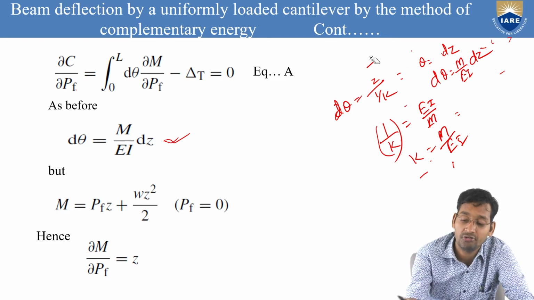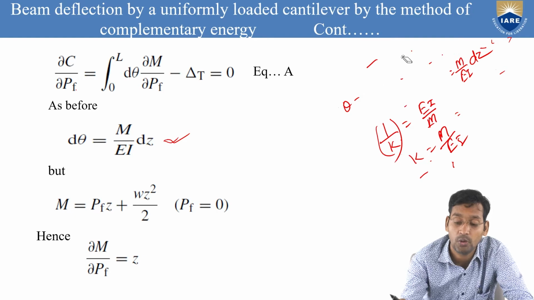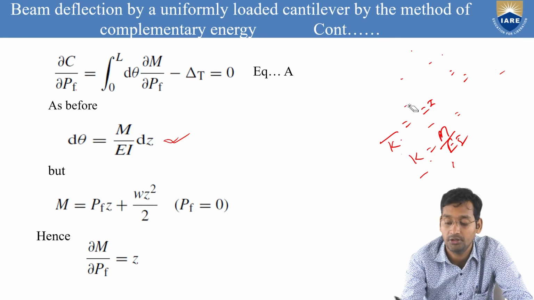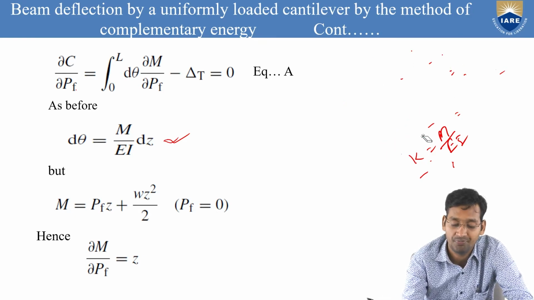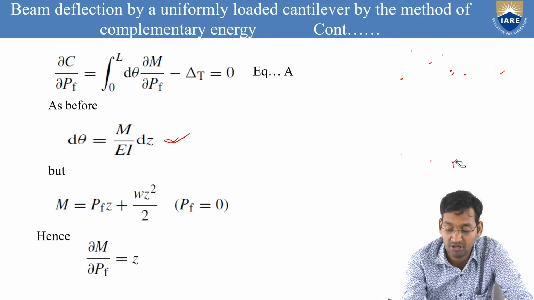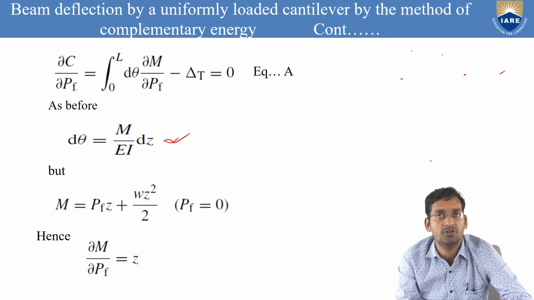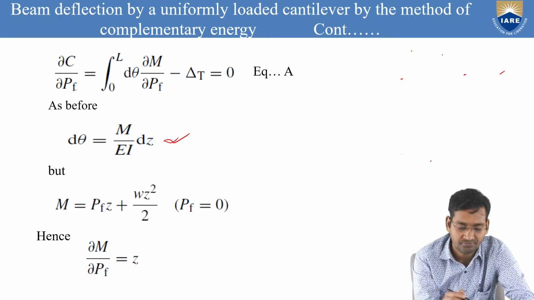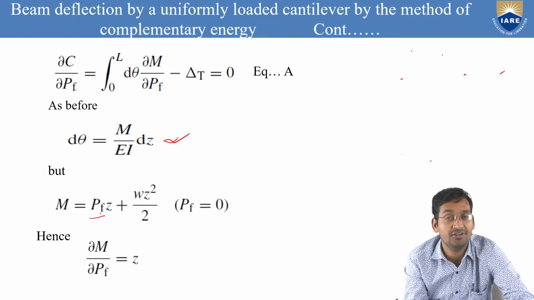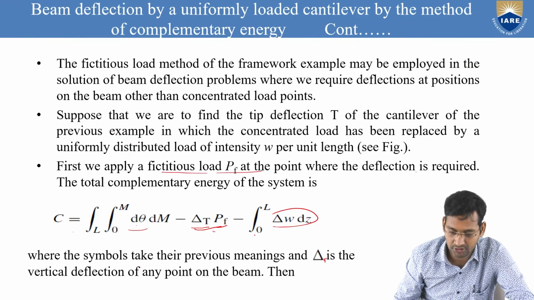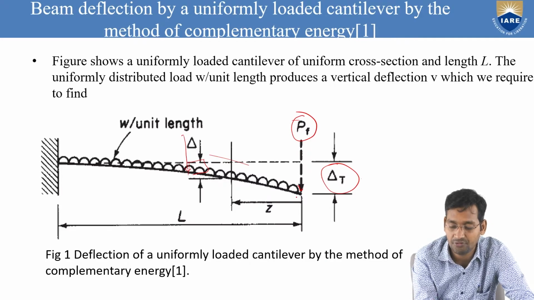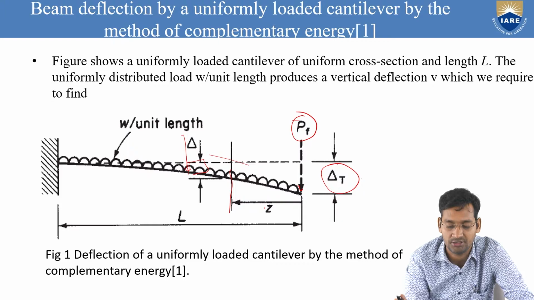Now what is required? We have to find ∂M/∂PF, right? So next we will first find the moment, how much moment is acting, and then we will differentiate with respect to PF. So now the moment because of the fixed force will be what? At a point z we are finding. See the figure here, this is PF at a distance z, so this will be PF into z.